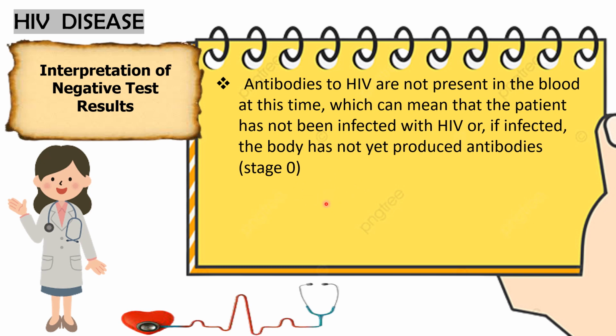However, the patient should continue taking precautions because the test result does not mean that the patient is immune to the virus, nor does it mean that the patient is not infected. It means that the body, again, may not have produced antibodies yet. So if a viral test is used, a negative result is more consistent with the conclusion that the patient is uninfected.